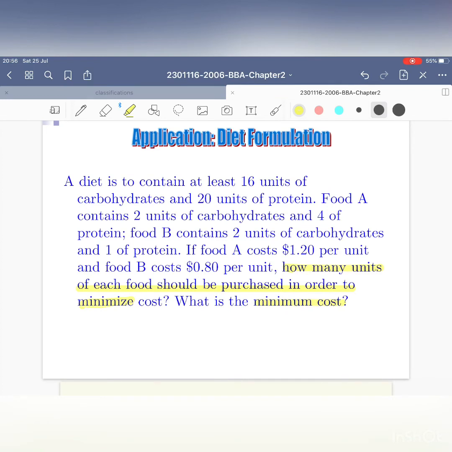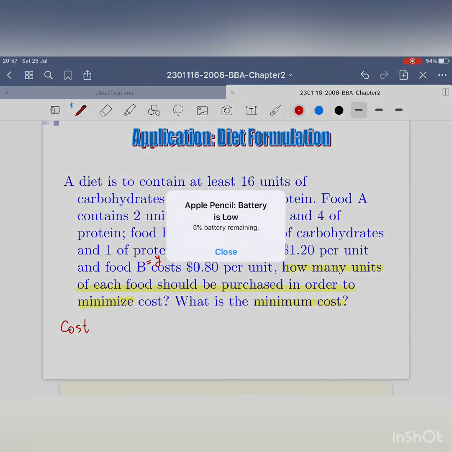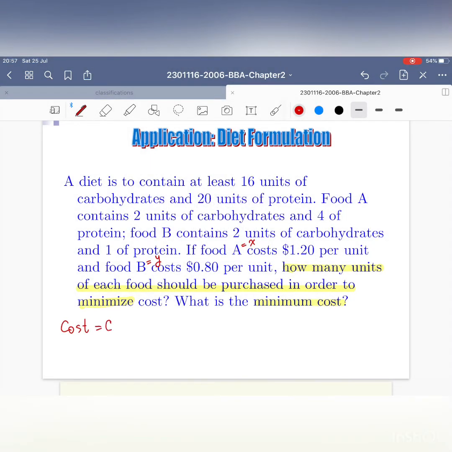So the unit of food A, let's say that you buy X units and you buy your food B by Y units. So your cost, which we may say is C of X, Y, is 1.20X plus 0.80Y as your cost, right?